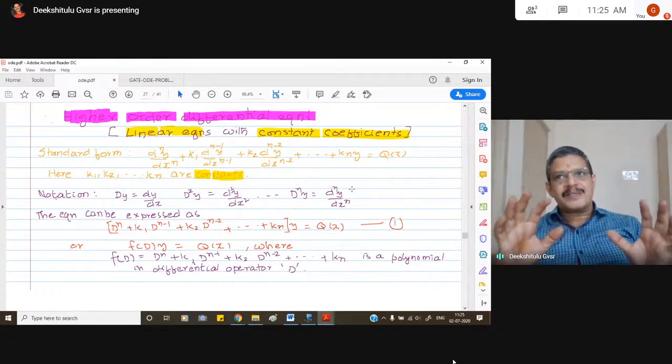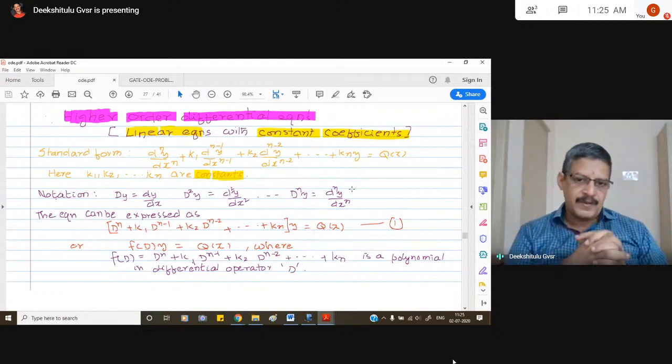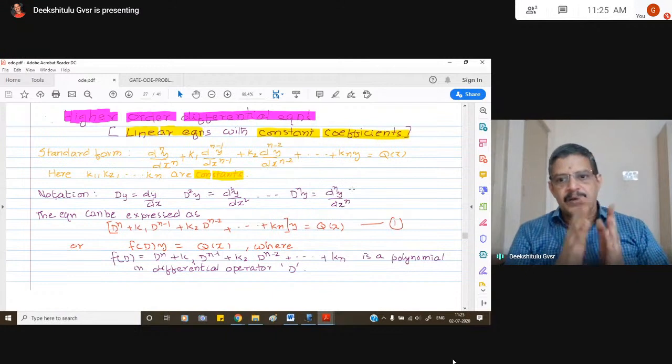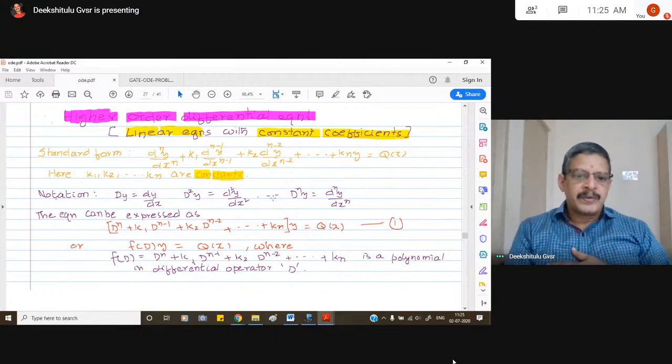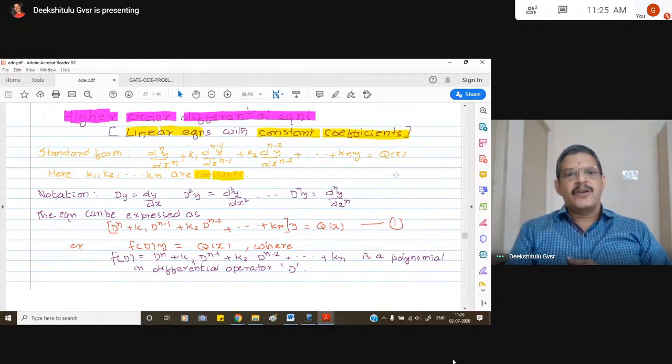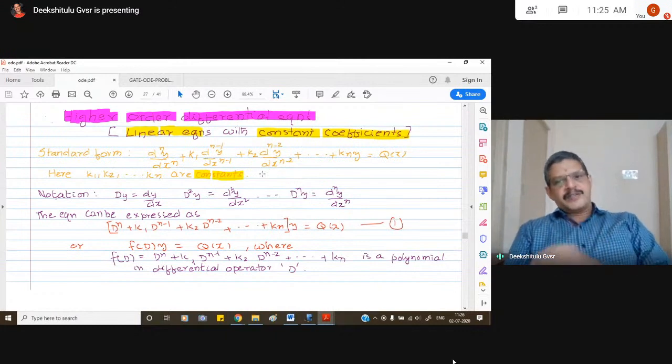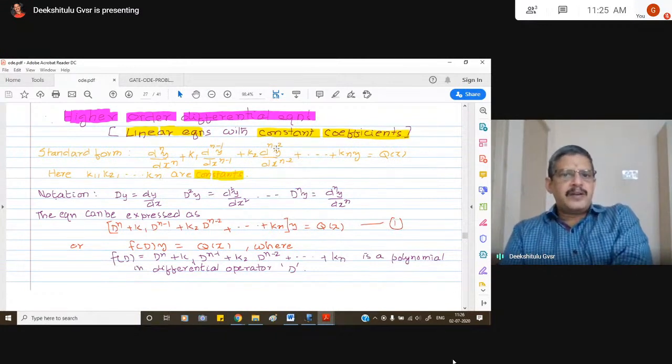First, you have to understand the structure of the equation, the terms that are involved in it. So k1, k2, k3, kn are constants, and this is a higher order derivative. Q(x) is a function of x. That is the standard structure of the higher order differential equation with constant coefficients.